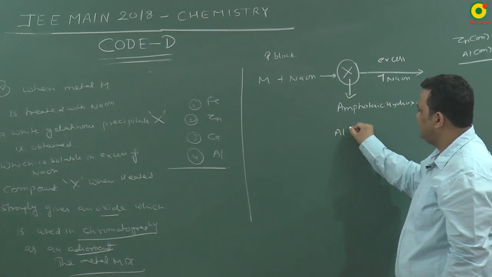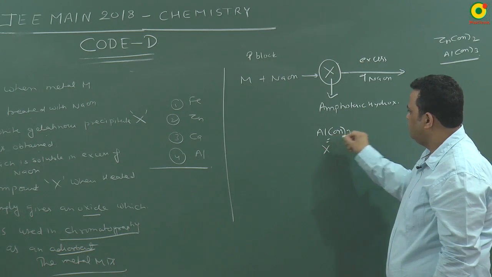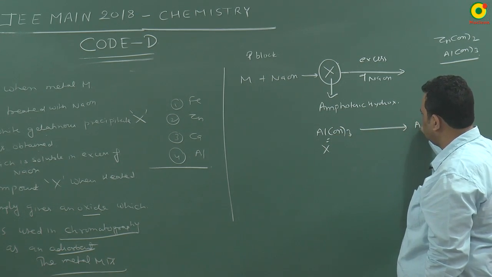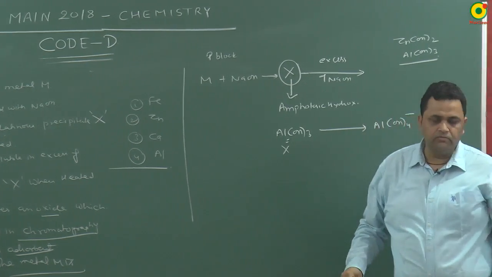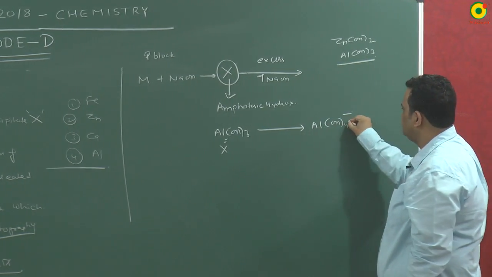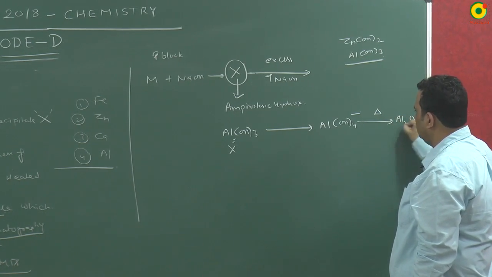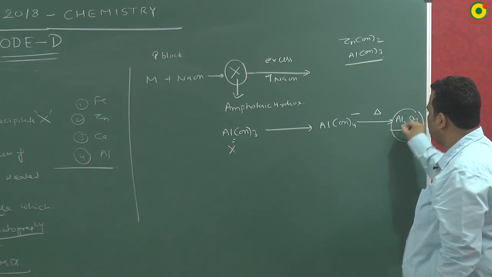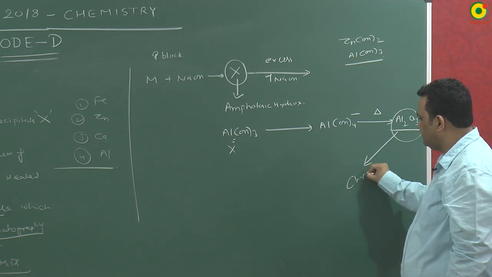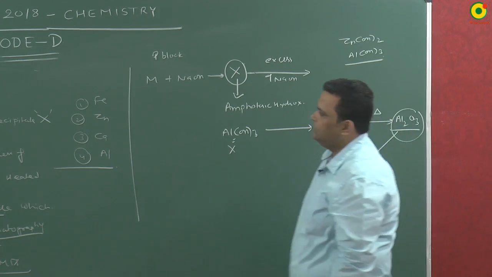Suppose I consider Al(OH)3 as X. When it reacts with NaOH, it forms [Al(OH)4]-, sodium metaaluminate. When this sodium metaaluminate is strongly heated, it gives Al2O3, and Al2O3 is used in chromatography. So the answer is aluminium metal.